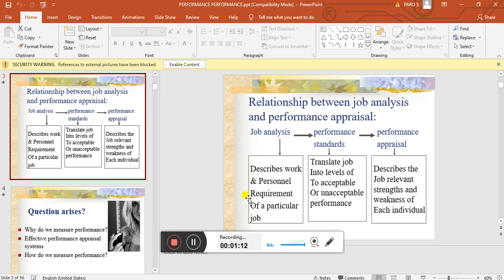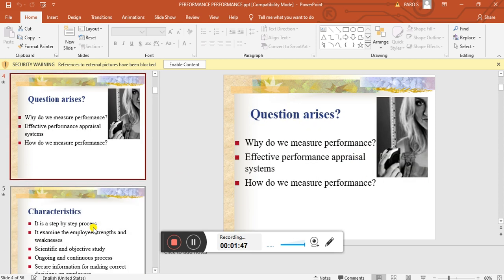We want our employees to gain those standards which we have established. When we are talking about performance standards, we call them job levels which are acceptable. According to those standards, we have to appraise the performance of each and every employee. So this is the process. This is the relationship between job analysis and performance appraisal.